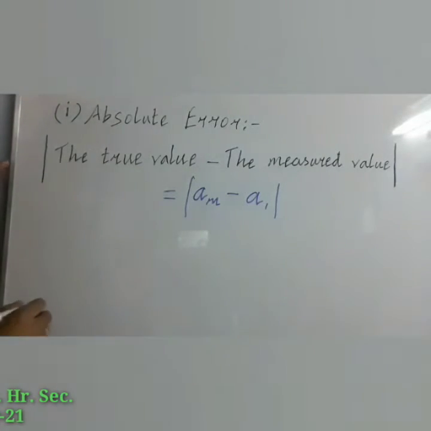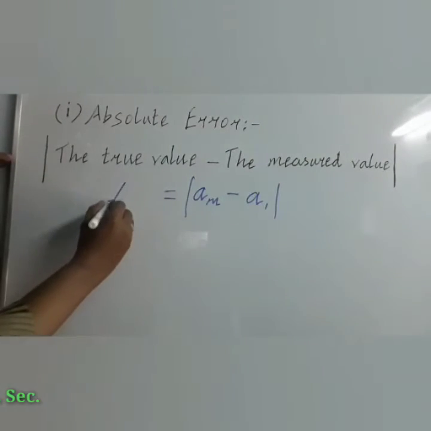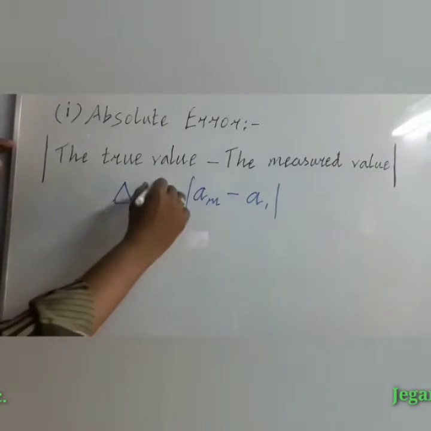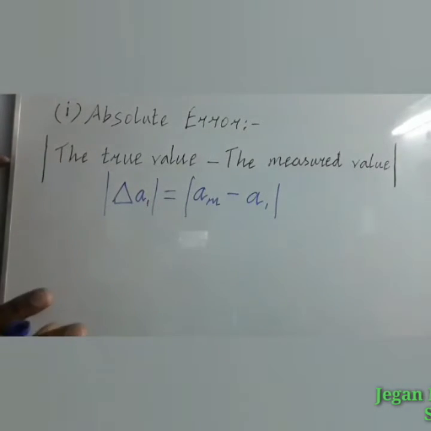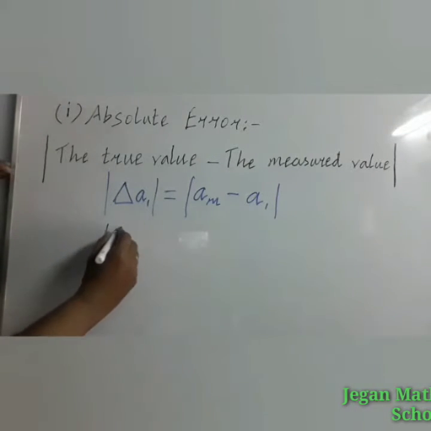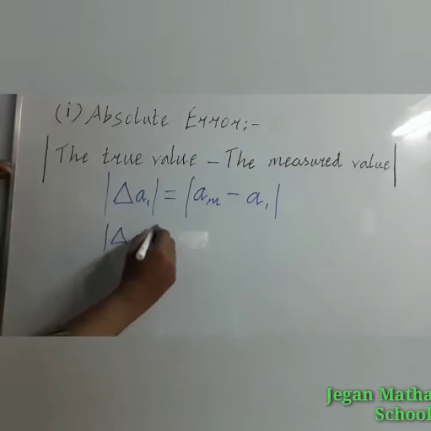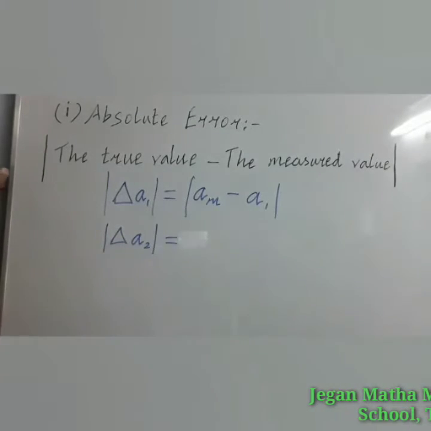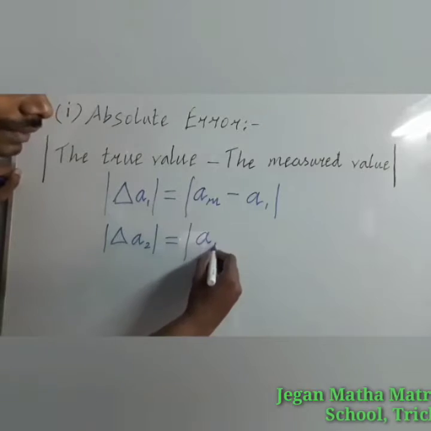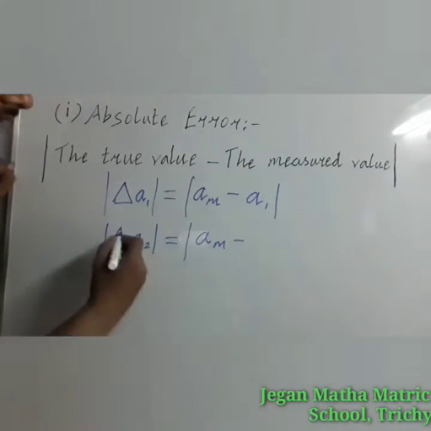On the left side we can write the absolute error in the first reading as del A1. Don't bother about the positive or negative; that's why we take the modulus. Likewise, for the absolute error in the second reading, how can we write? Del means absolute error. The true value won't change: AM minus A2, since it is the second reading.